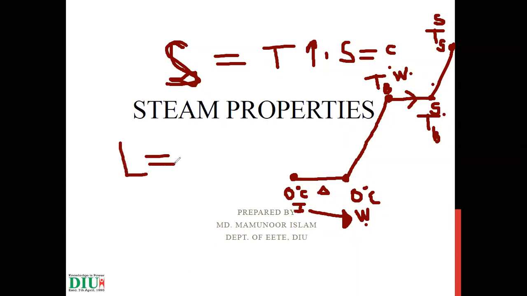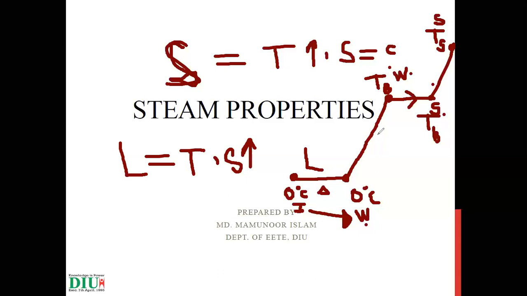There the temperature is constant, temperature fixed, but the state is changing. You see that from 0 degree ice to 0 degree water, here the temperature is constant, but the state is changing, so that's why it is latent heat.